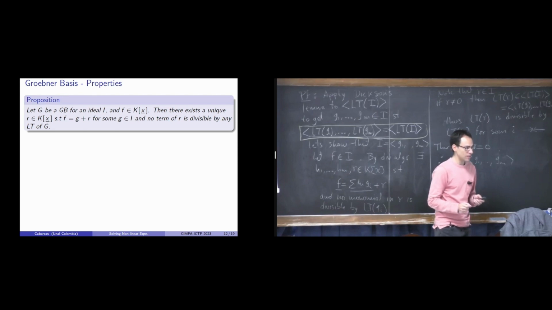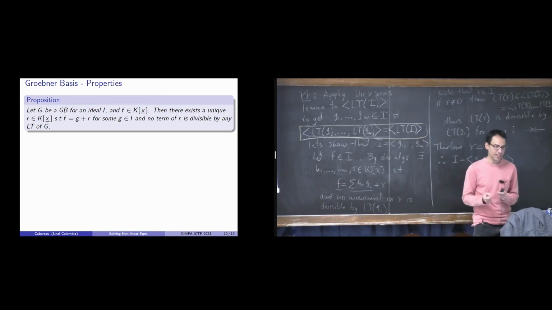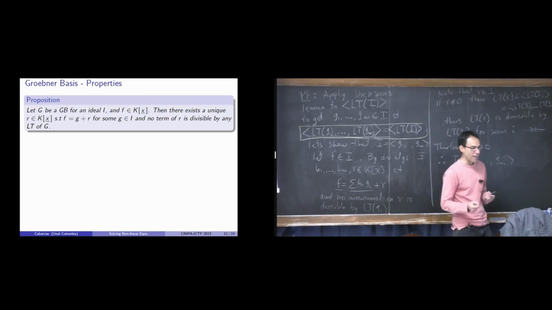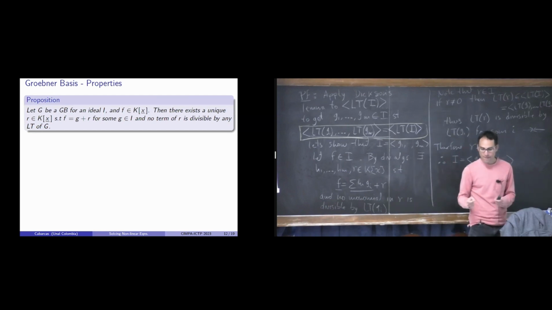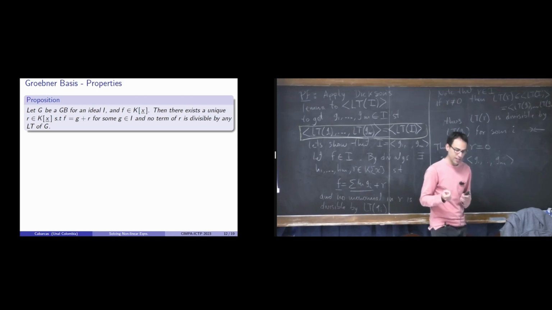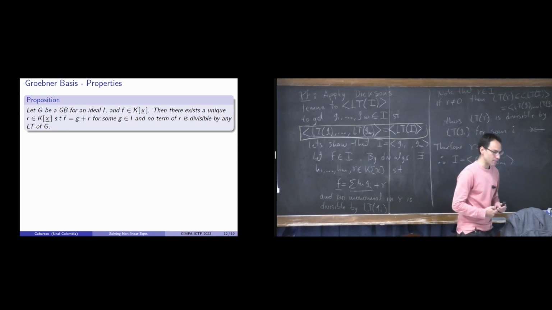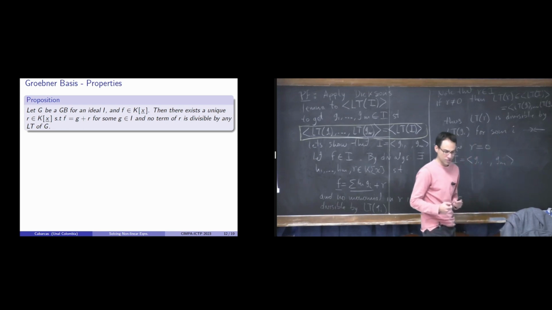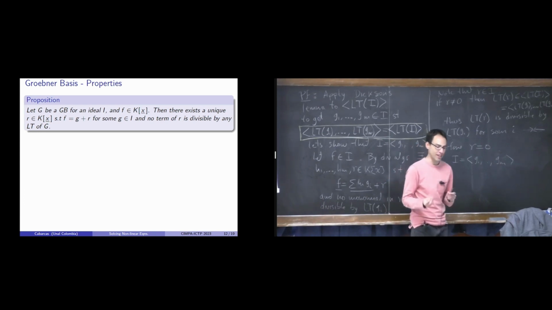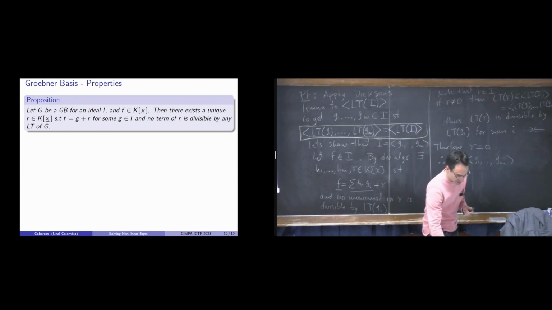So if G is a Groebner basis for an ideal, and F is any element in the polynomial ring, then there exists a unique R such that F is equal to G plus R for some G in the ideal, and no term of R is divisible by any of the leading terms of G. So we have this nice property that we always want for a division algorithm. We get unique remainders.